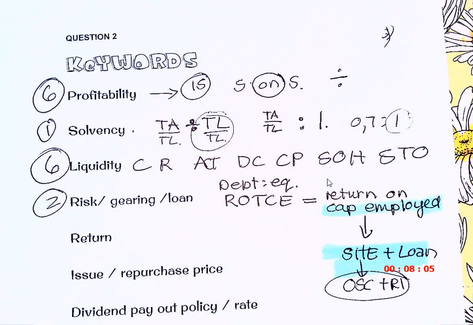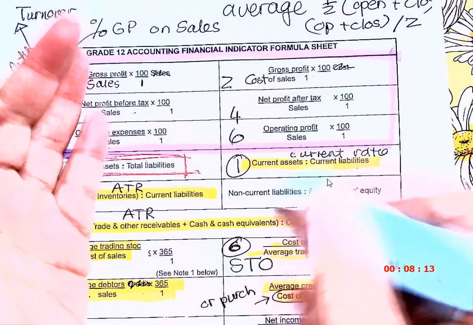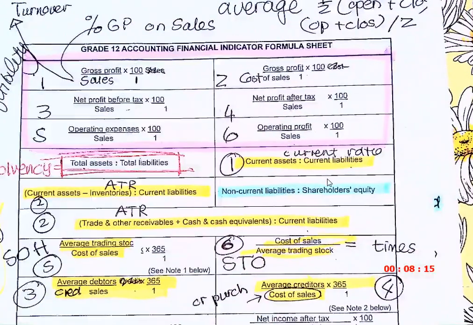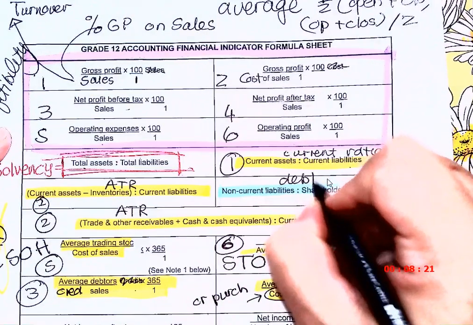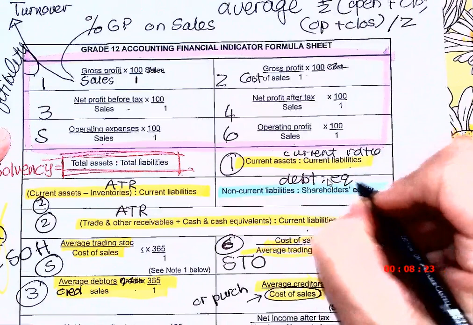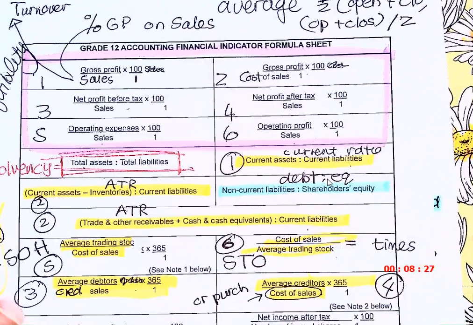Now, let's go to debt equity and ROTCE here. Can you see? Here's my beautiful debt equity ratio. There, in between liquidity. This is debt equity. Now, I have a way of remembering it.